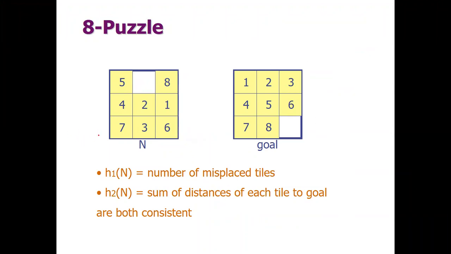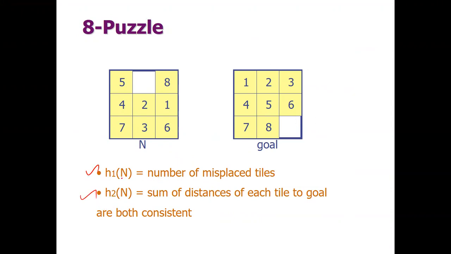This problem can be solved by using any heuristic function, but we first have to frame the heuristic function satisfying the conditions. That is, it should be admissible, it should be consistent, all those things. So here we have two options. Either we can go with this heuristic function or with this one. What is this heuristic function?